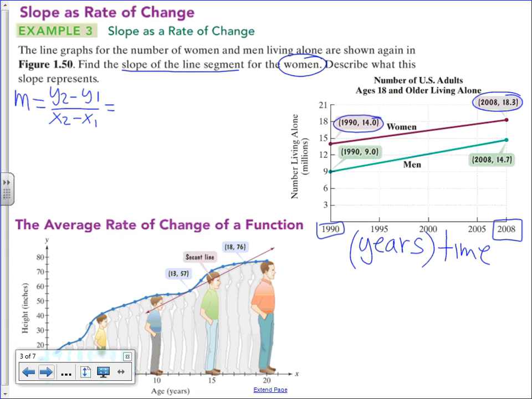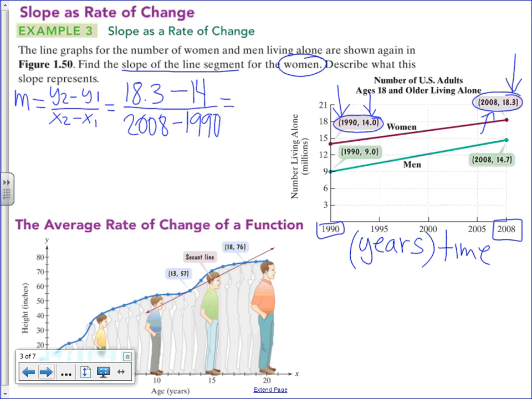So the y value here is 18.3 million, minus the other y value, which is 14 million. For our x values, it will be the year 2008 minus the year 1990. Okay, and this will be 4.3 divided by 18. And that is approximately 0.24 over 1.